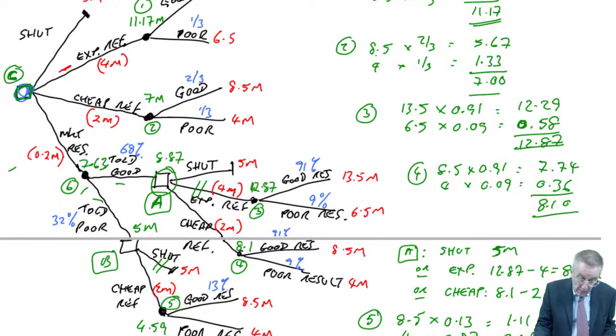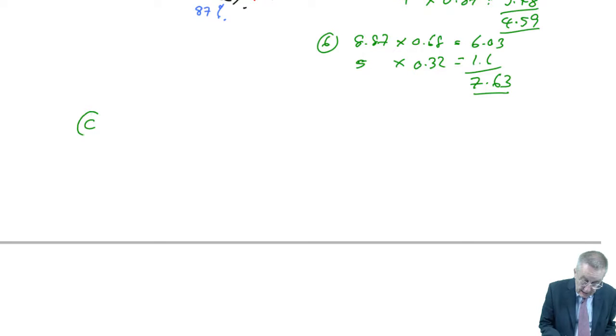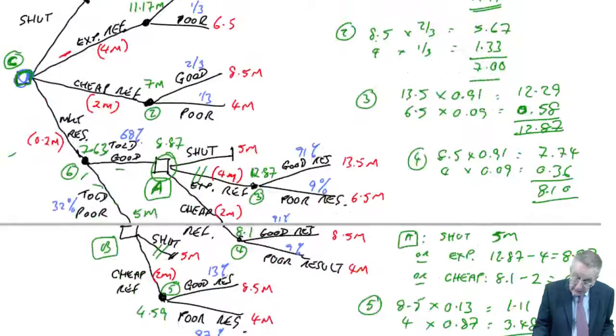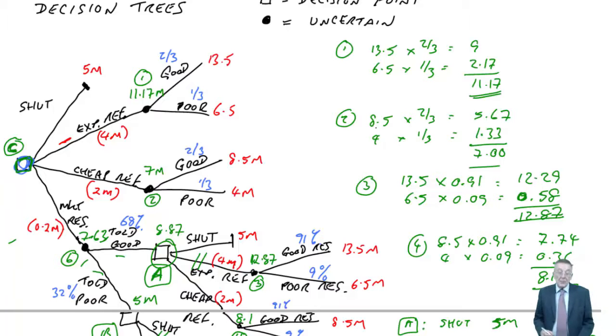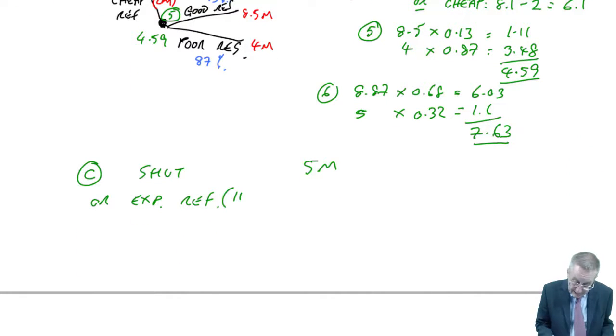One option is to shut immediately, and we get 5 million. The second option is the expensive refurbishment: we pay out 4 and get back an expected 11.17, so a net 7.17.